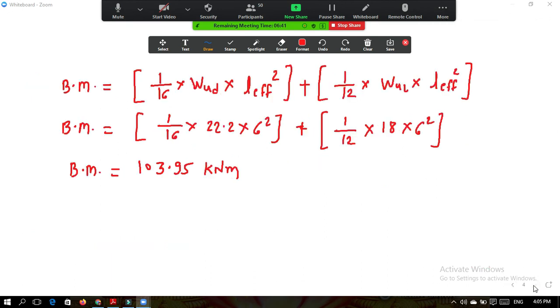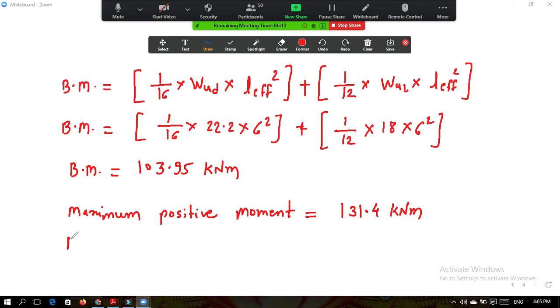Okay, so here now we will move to our board. So now maximum positive moment is equal to, what is the maximum positive moment? 131.4 kilonewton meter.